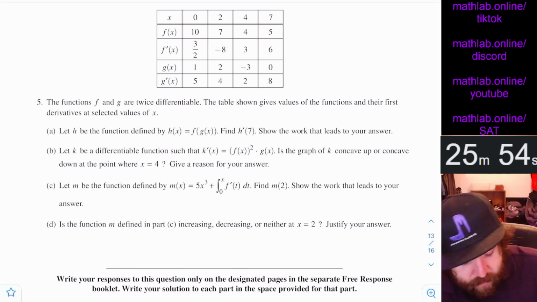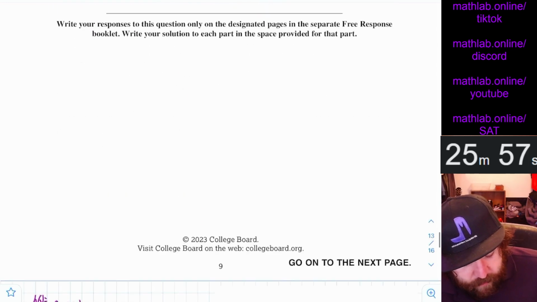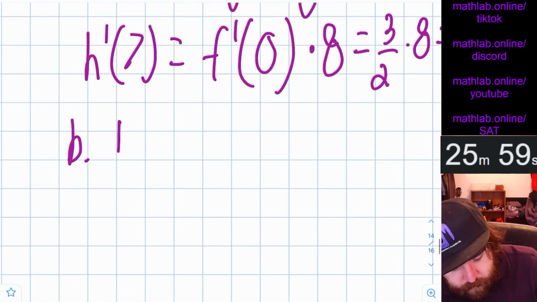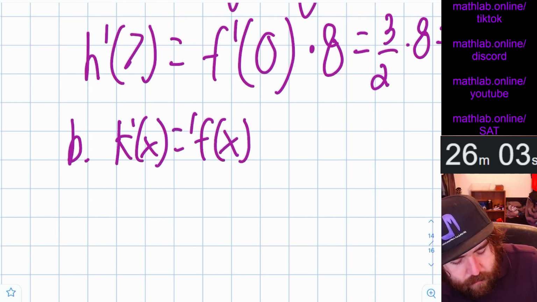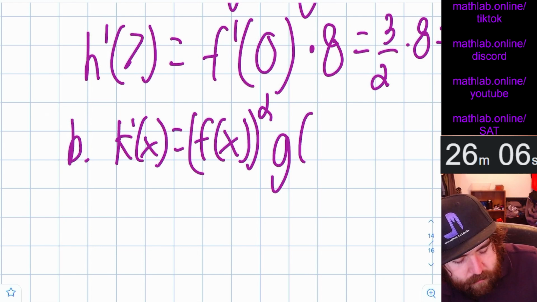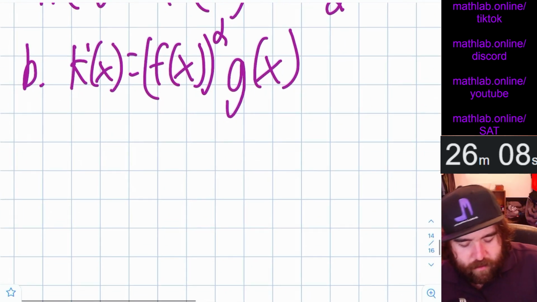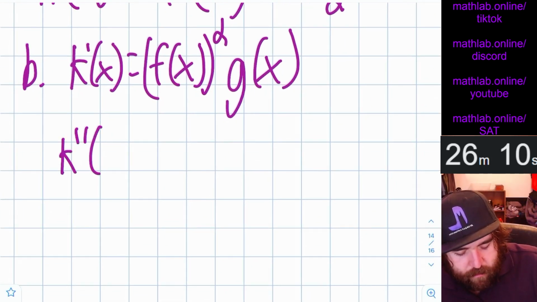Okay, fair enough. So k prime of x is f of x squared times g of x. And then we've got to find k double prime because they're talking about the concavity.